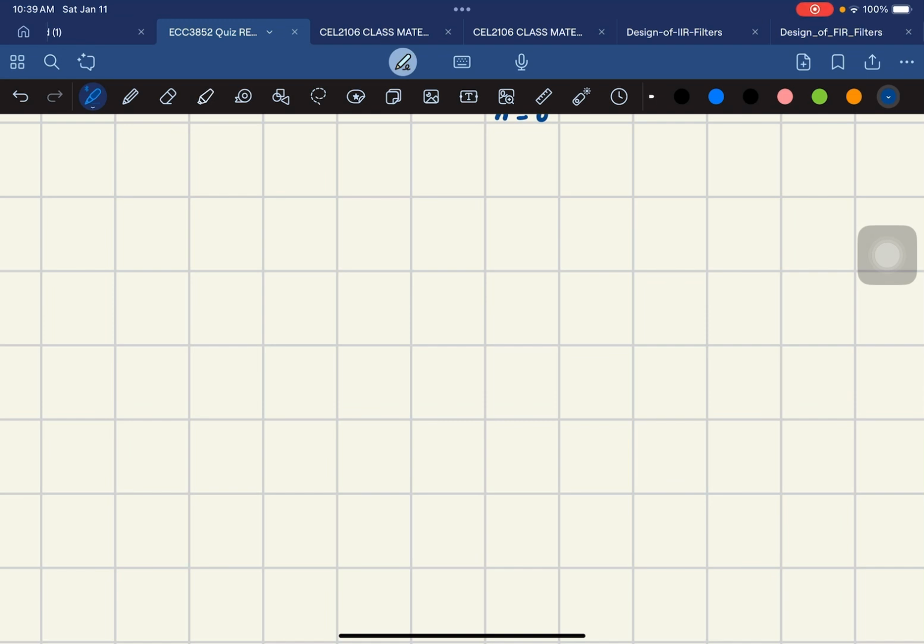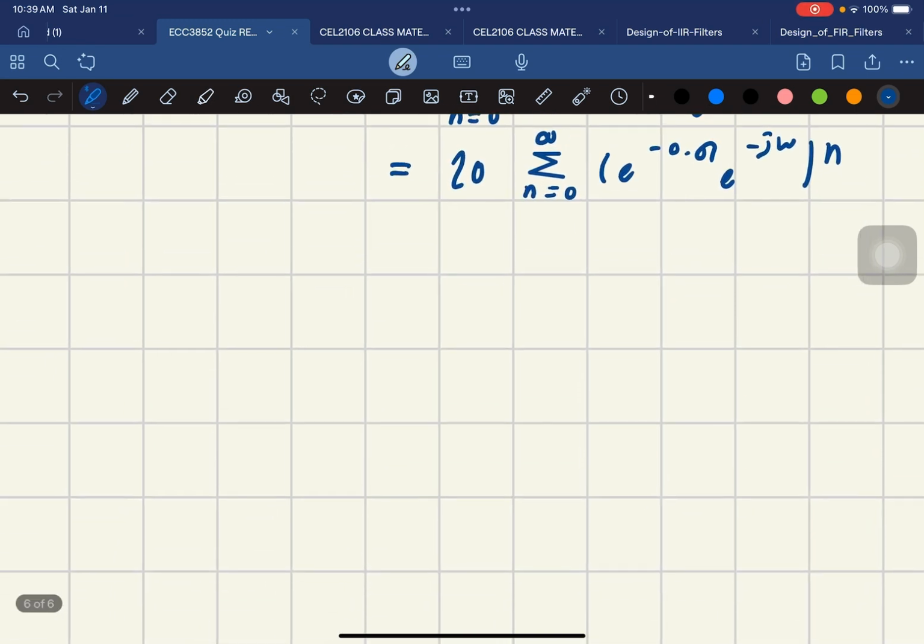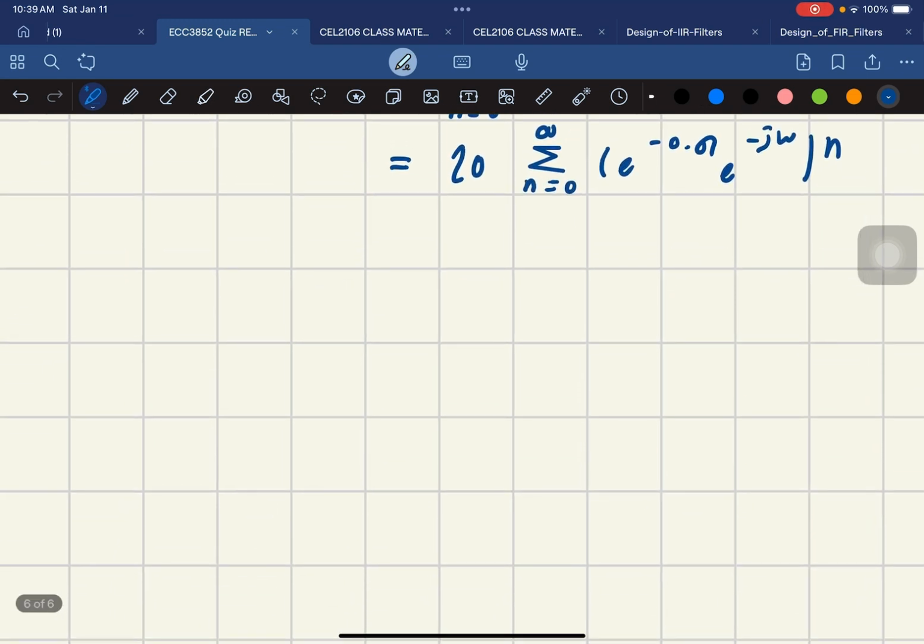After that we will be using the formula of the infinite geometric series, where the modulus of r must be less than 1.